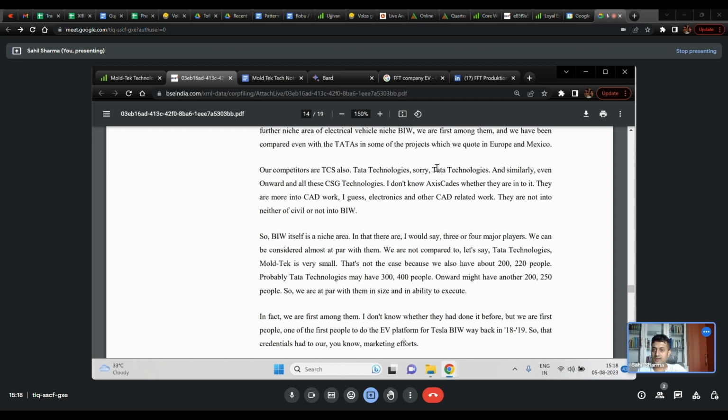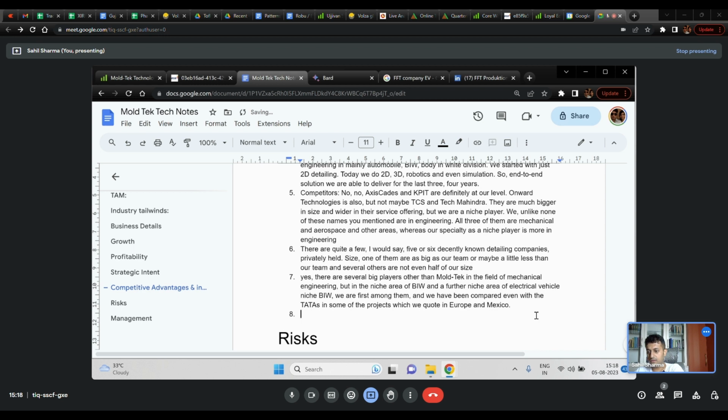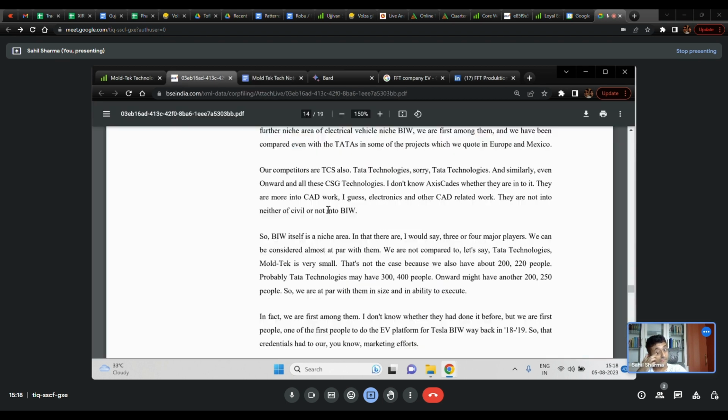They're saying that Tata Technologies and Axis Kids, CSG Technologies, Axis Kids they don't know, but Onward is all competitors. Competitors in mechanical, Tata Technologies, right?